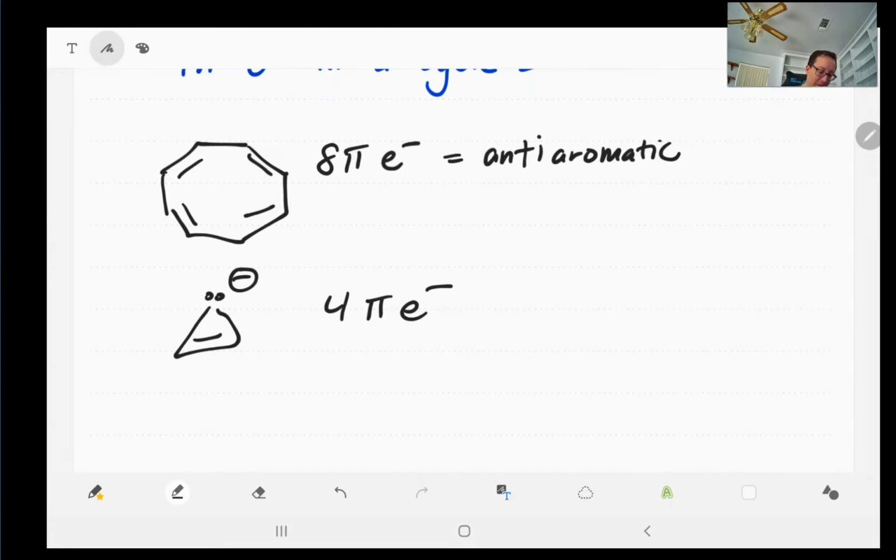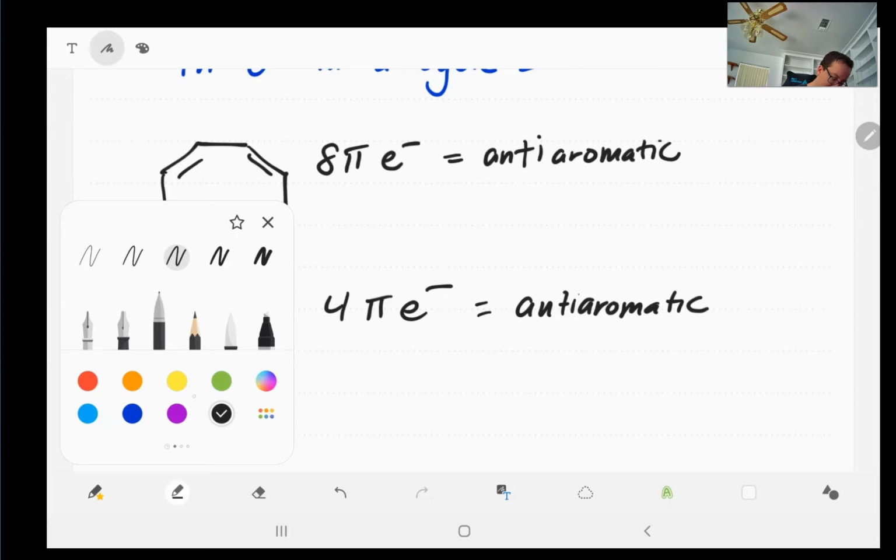Remember that those electrons there can participate with resonance, right? They can get in there. This will also be anti-aromatic. And so it's not a good thing. We have 4 pi electrons that are interacting here that are not going to be working out nicely.